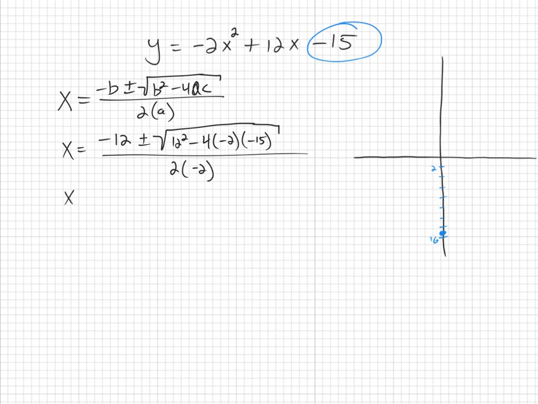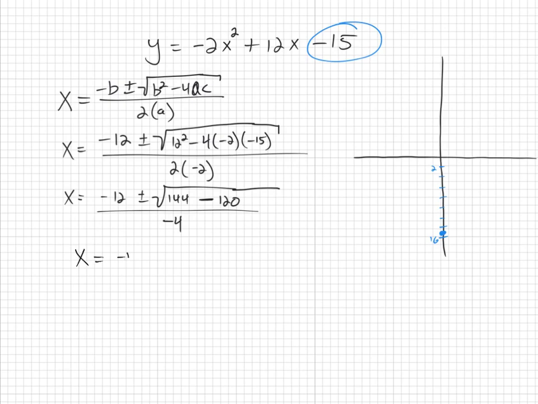So we get, and I'm just simplifying, 144, and then -4 times -2 times -15 ends up being -120, all over -4. And we've got to honor that this is a -4, this is a -2, and this is a -15 when we're calculating that value there. Because it matters, it really does. Otherwise you're going to get something that's not true at all.